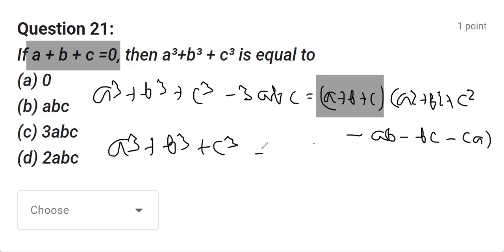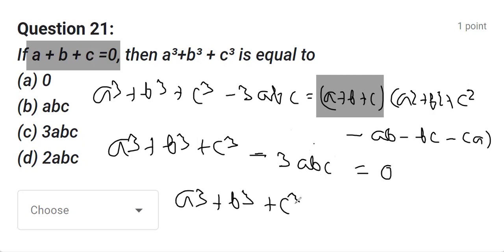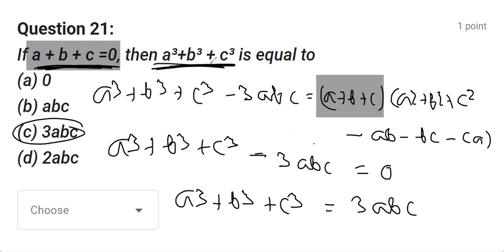In one more step, I should first write the right hand side as 0, so we get a cube plus b cube plus c cube minus 3abc equal to 0, and when you transpose, a cube plus b cube plus c cube is equal to 3abc. But anyway, one should remember this as a direct identity: if a plus b plus c is 0, then a cube plus b cube plus c cube is equal to 3abc.